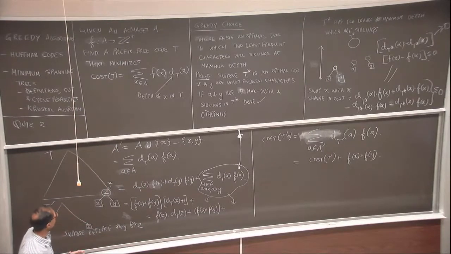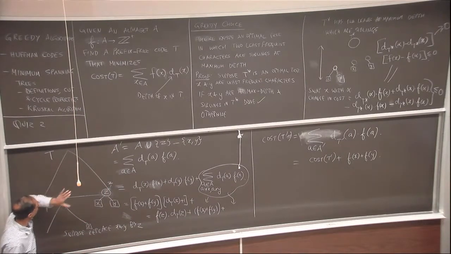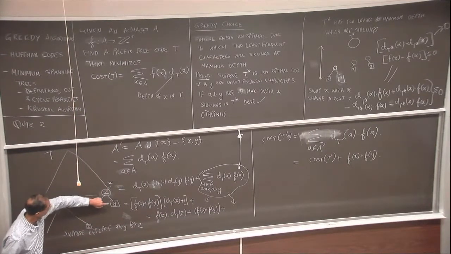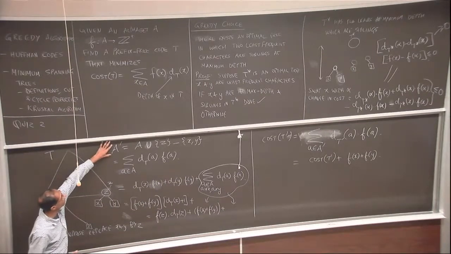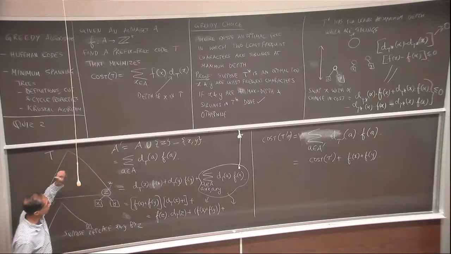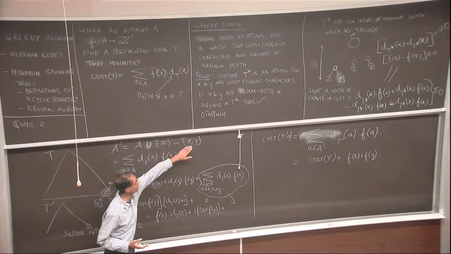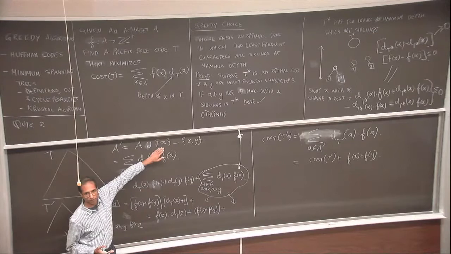So the point is that given any tree that looks like this, we can obtain a new tree for the same problem as the original problem, except x and y have been replaced by z.